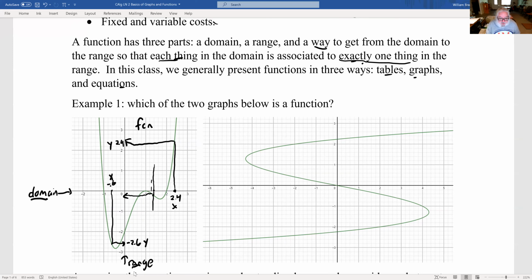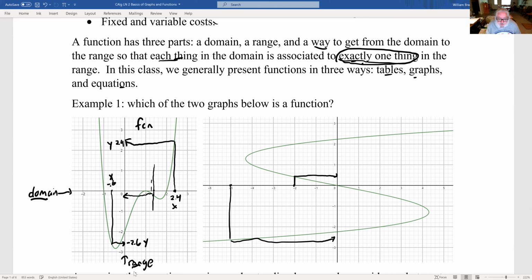Here, though, if I take, say, x equals minus 5, can I get to a y value? Sure. I go down, and I go over, and I get my y value, whatever it is. If I take x equals minus 2, though, do I get exactly one y value? And the answer is no, because there's actually three possibilities.